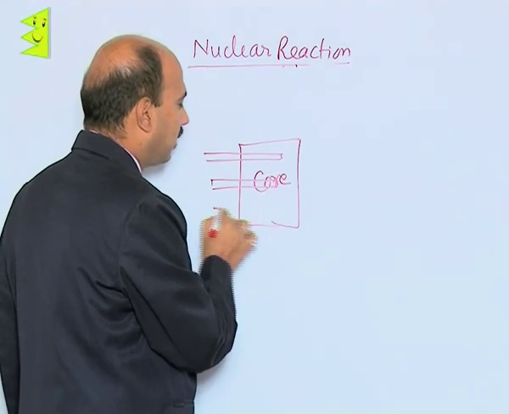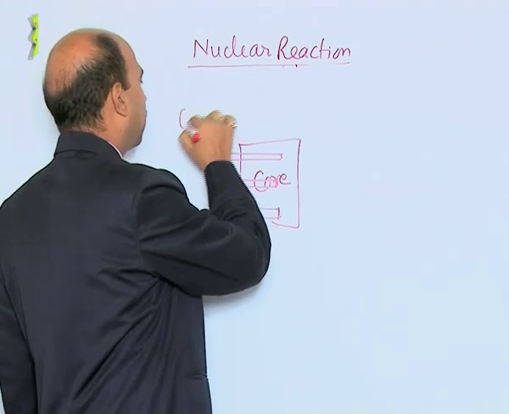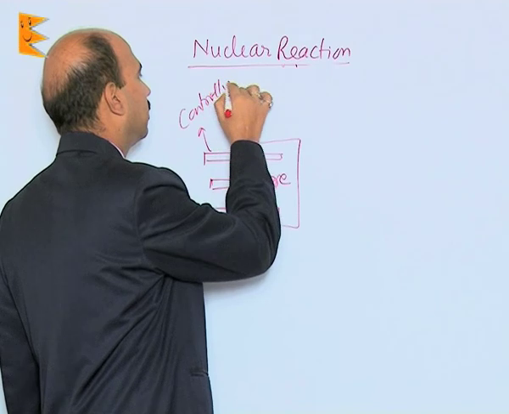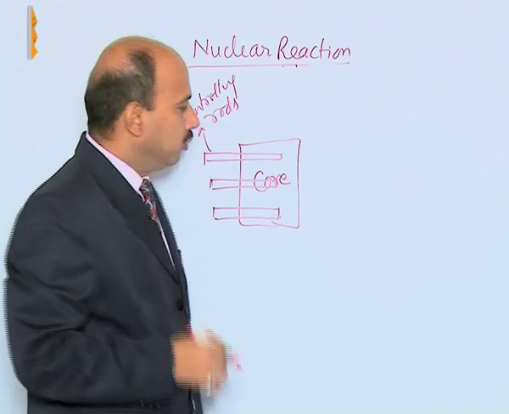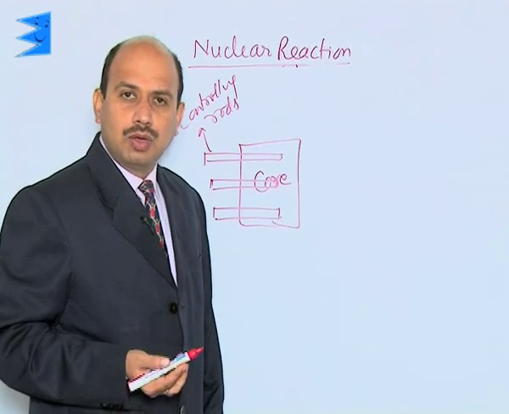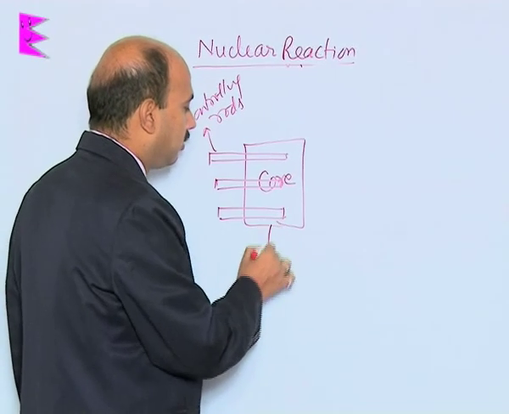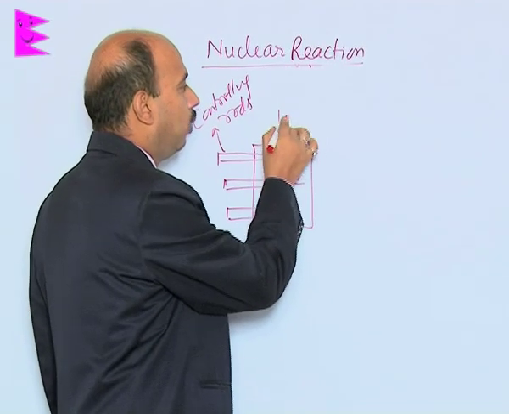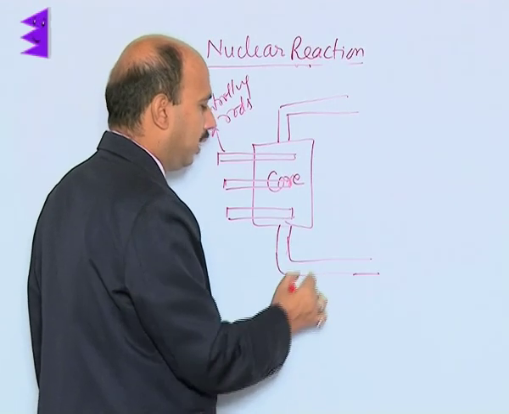These rods are known as controlling rods, made of barium or krypton. Also a moderator is used inside this. As moderator we can use heavy water, D2O, and then this core is supplied with coolant from this side. The coolant is circulated.